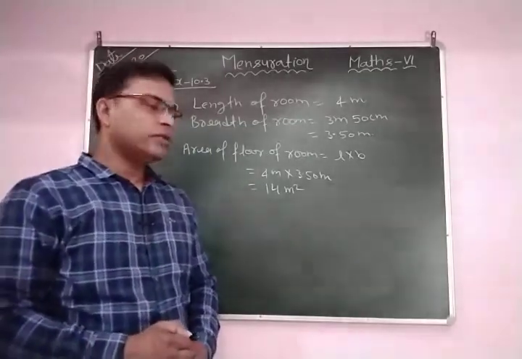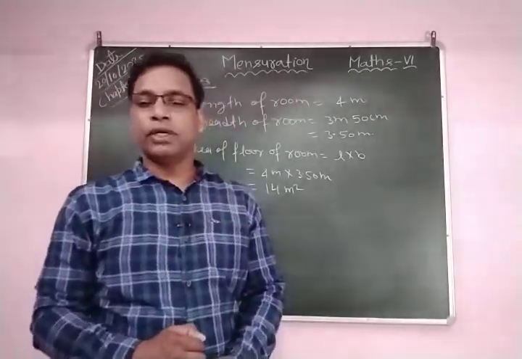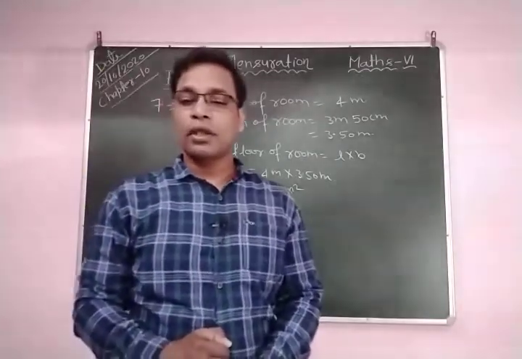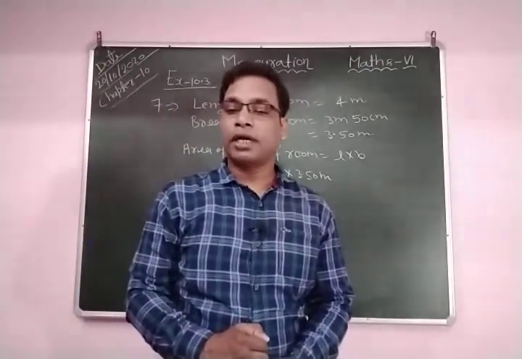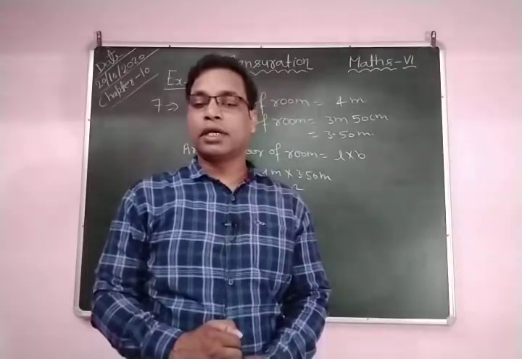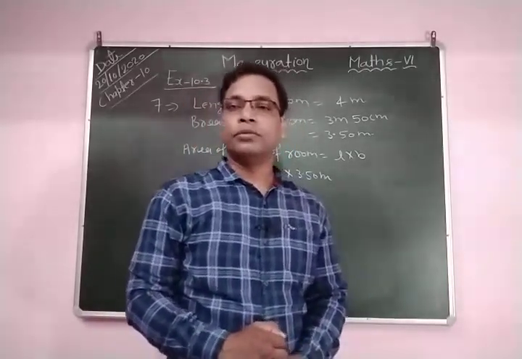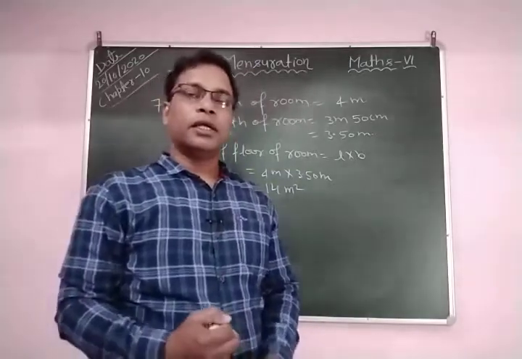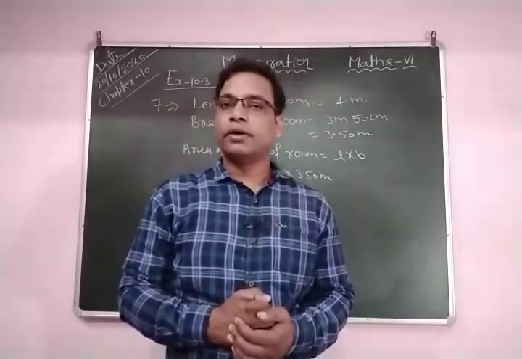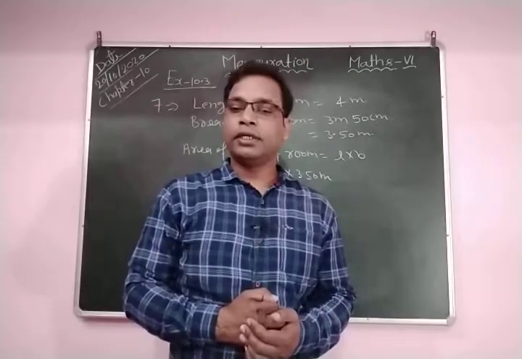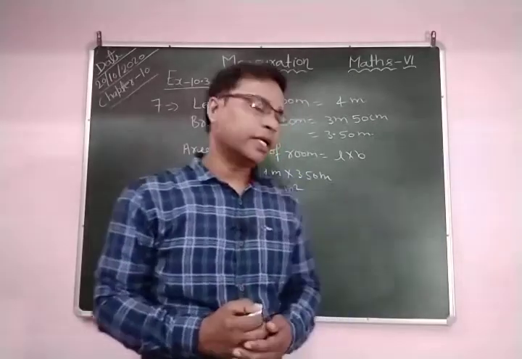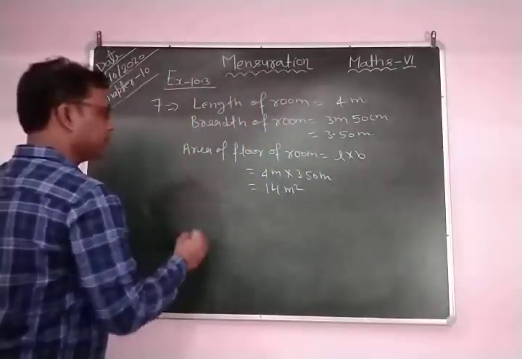Okay. So this question asks us how many square meters of carpet is required. Carpet is needed to cover the floor of the room. So we write here square meter.